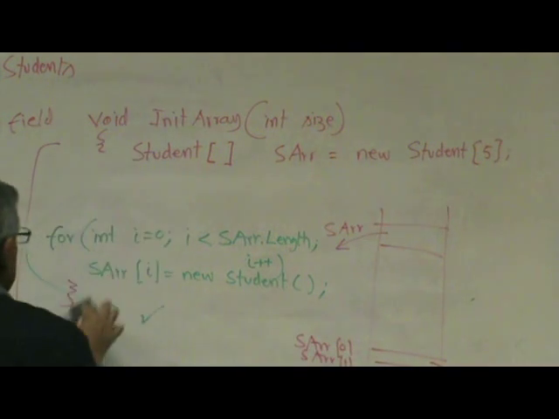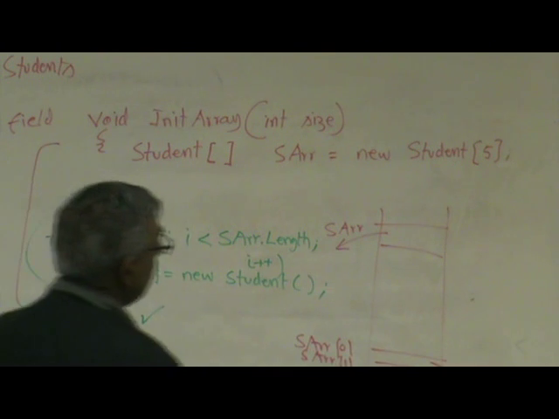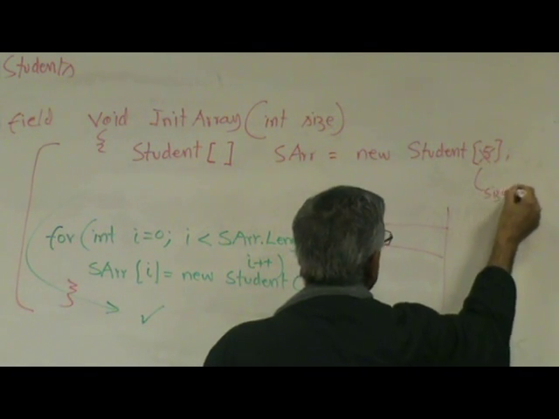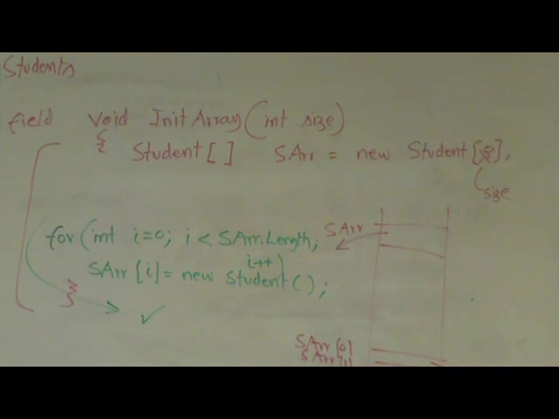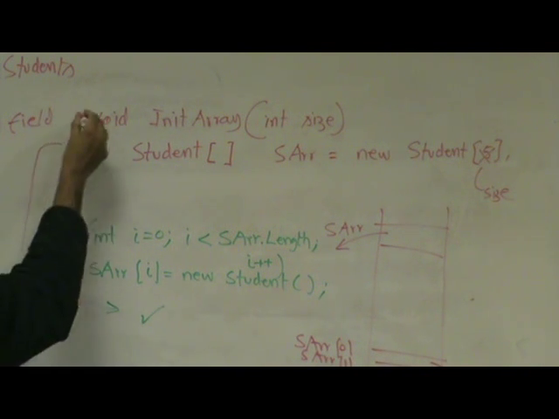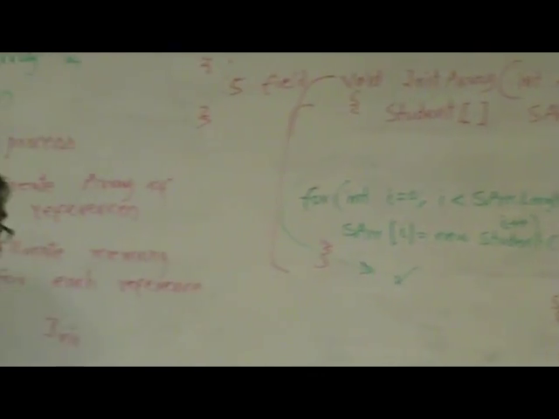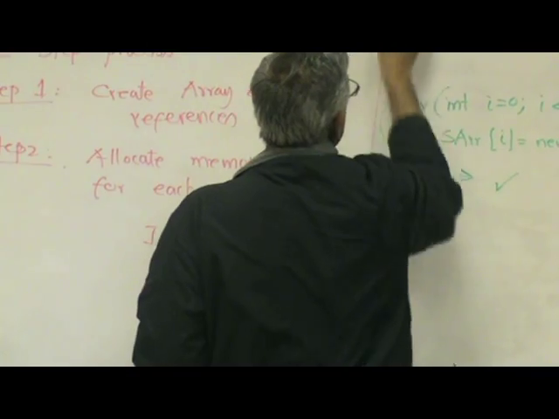Okay, so all of this is inside the method, right? So what will this 5 become now? Size. So this will become size. Okay, then rest of it will stay the same, correct? So this will be just one method, which if somebody called it, let's say init array, actually it should return, let's do this.